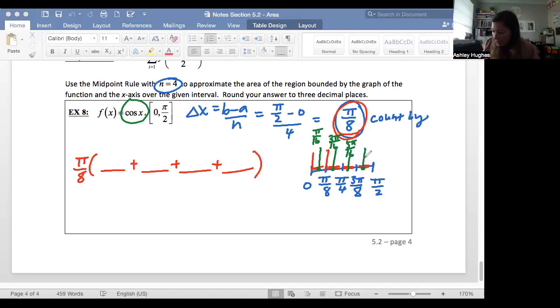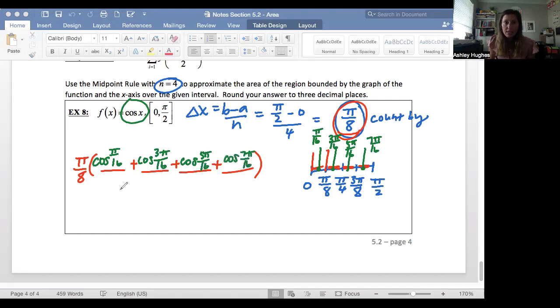And then here, that is 7 pi over 16. And we're plugging all of these into cosine. So it would be cosine of pi over 16, and then cosine of 3 pi over 16, and then cosine of 5 pi over 16, and cosine of 7 pi over 16.